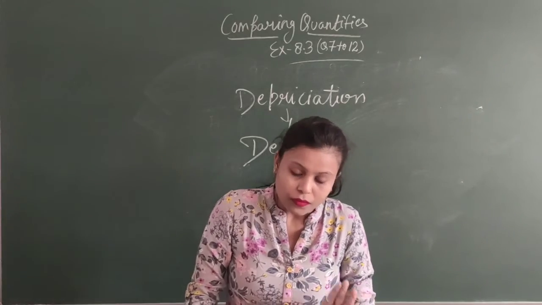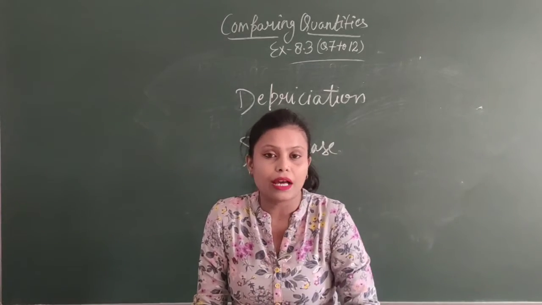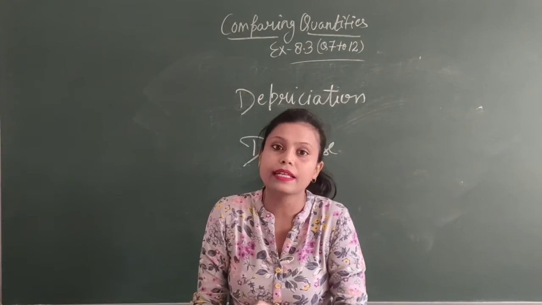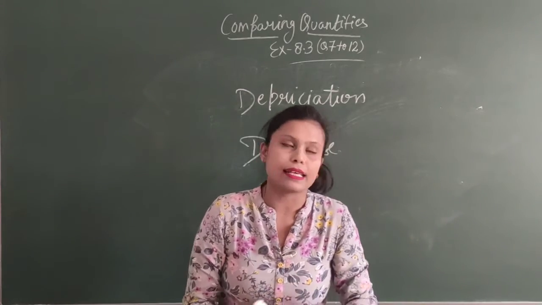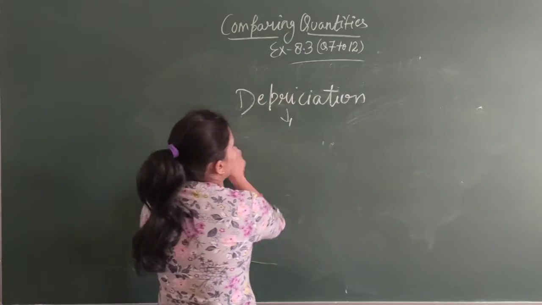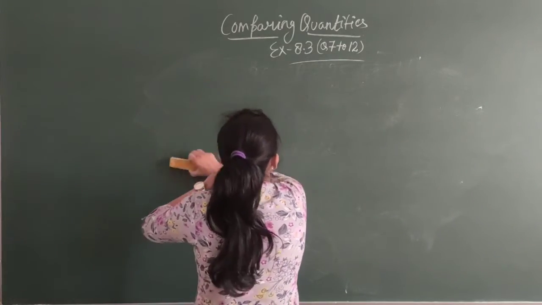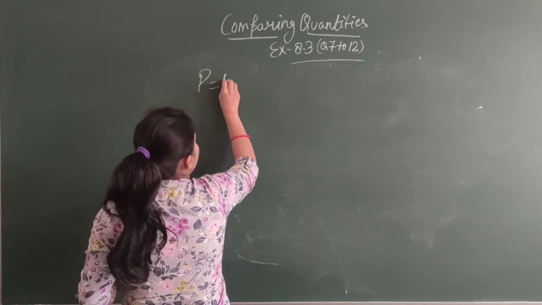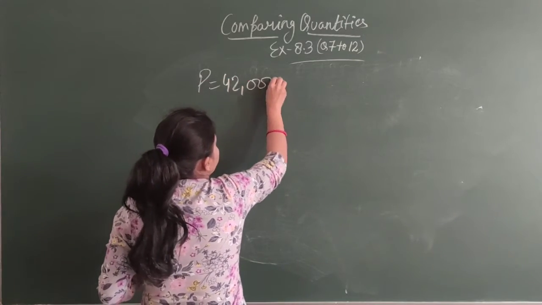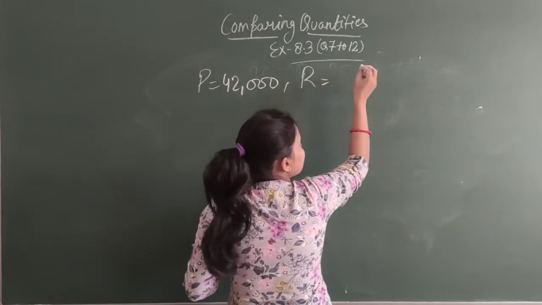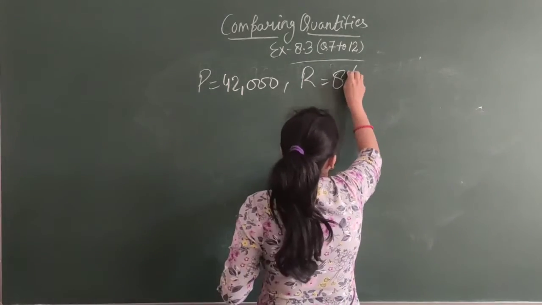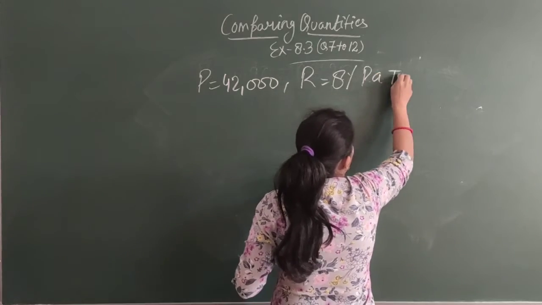So we need to find out how much the amount decreased on reselling. So let's calculate the amount. There is a slight change in the formula of the amount. Principal is given as 42,000. Rate is given as 8% per annum, and time is given as 1 year.